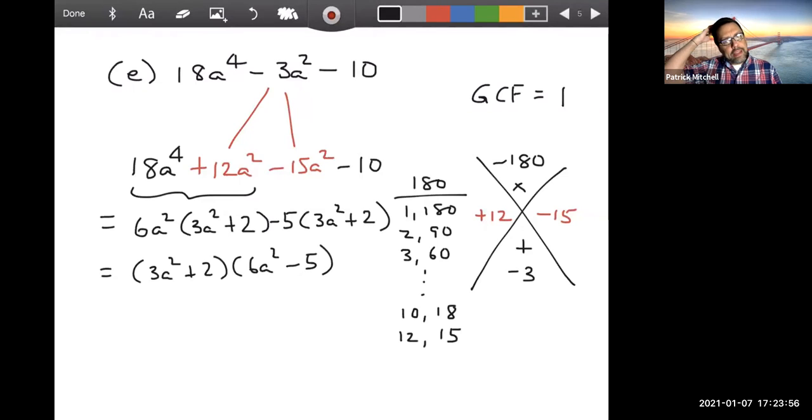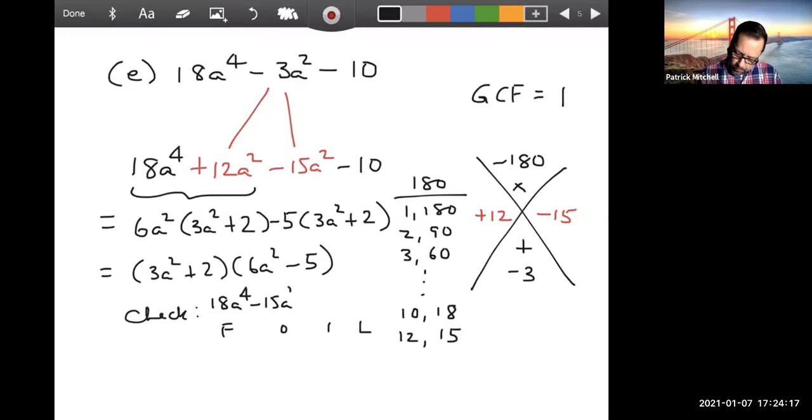And why don't we check that one? I haven't done an actual check in a little while. All right, so first, outer, inner, last. 3a squared times 6a squared is 18a to the 4th. 3a squared times -5 is -15a squared. 2 times 6a squared is 12a squared. 2 times -5 is -10.